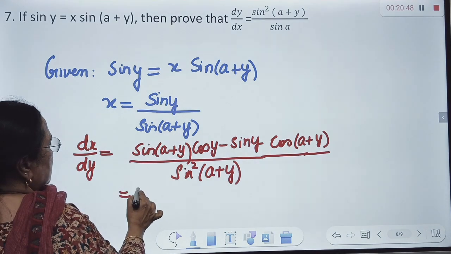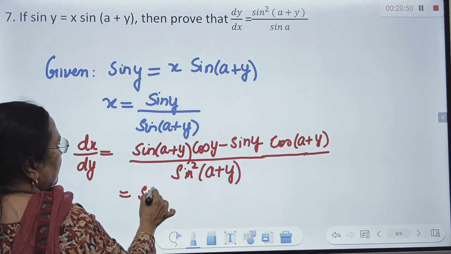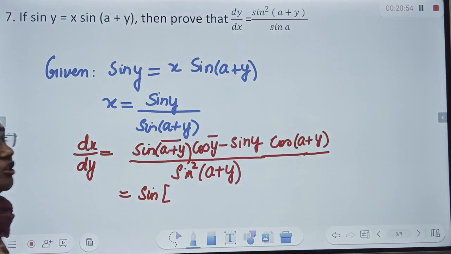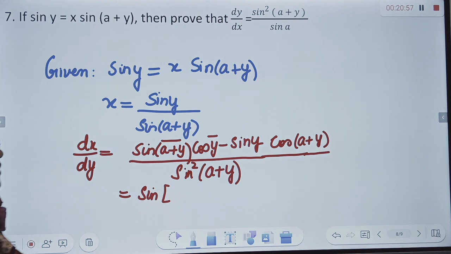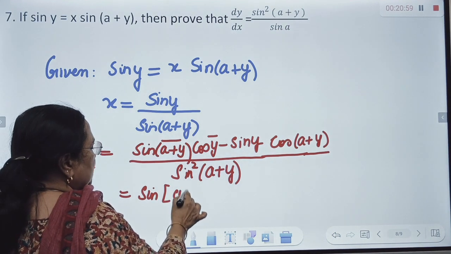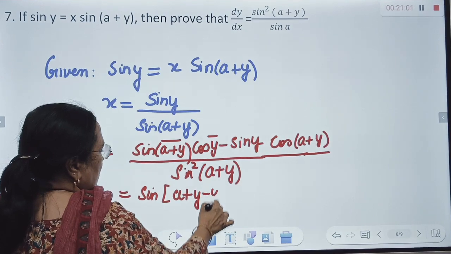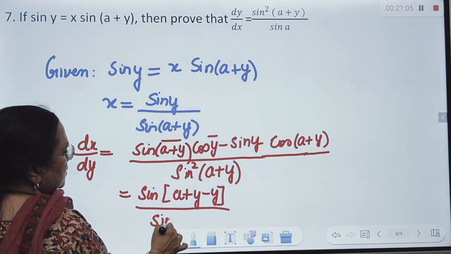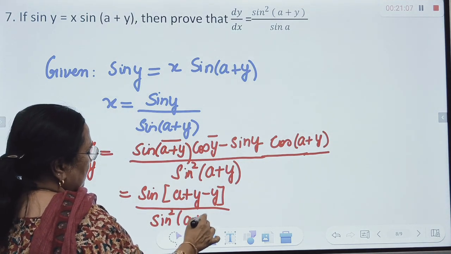So this is sin of, this is a and this is b. Sin a cos b minus cos a sin b. So this is sin of a plus y minus y divided by sin square a plus y.